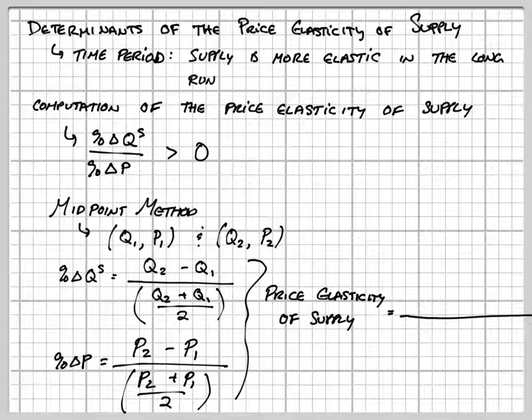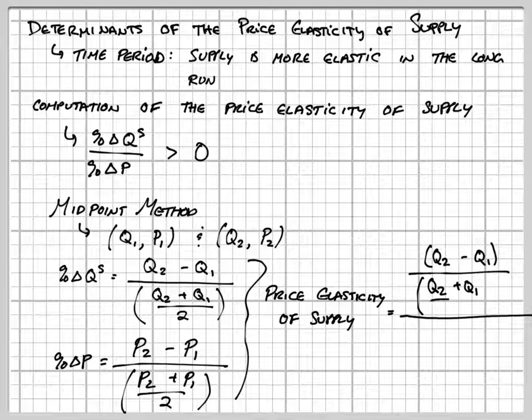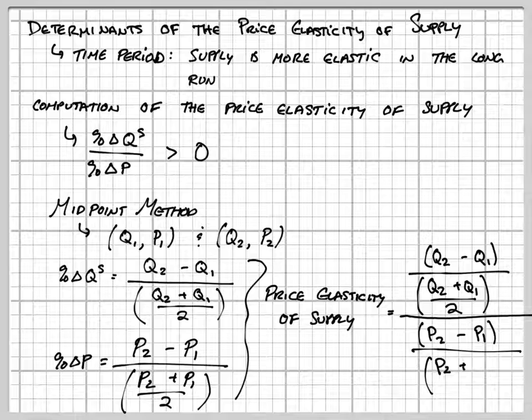So it's Q2 minus Q1 over Q2 plus Q1 divided by 2, over P2 minus P1 over P2 plus P1 over 2. Again, this looks like a mess, but it's not that difficult to compute.